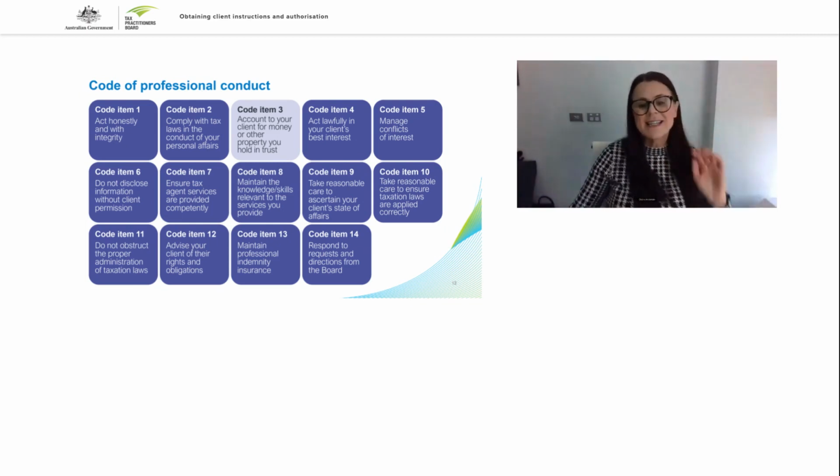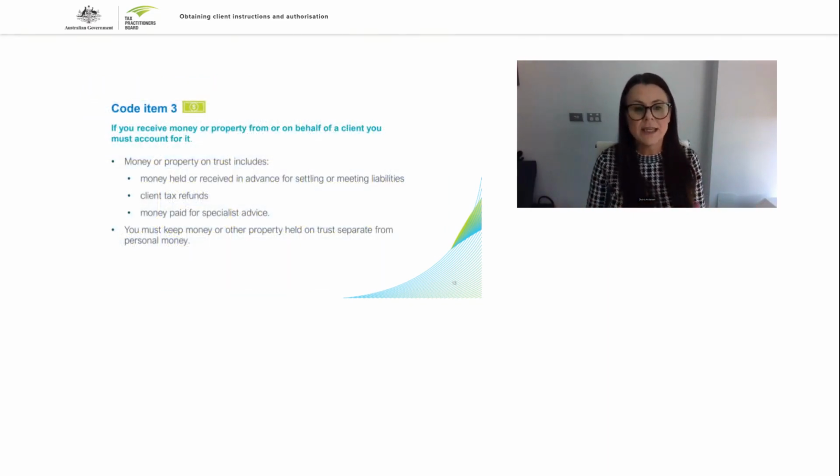With regards to today's topic, I'll begin by focusing on code item number 3. Code item number 3 states that if you receive money or other property from or on behalf of a client, and or you hold money or other property on trust, you must account to your client for the money or other property.